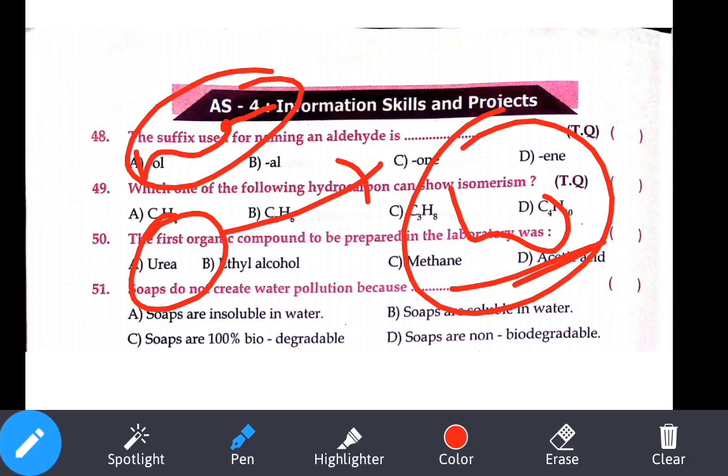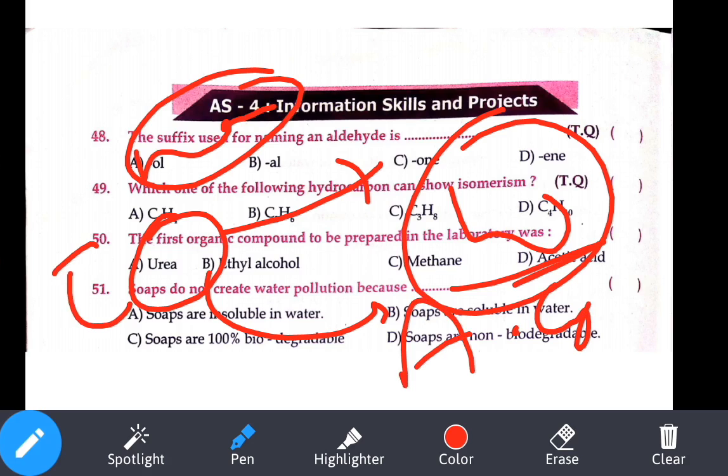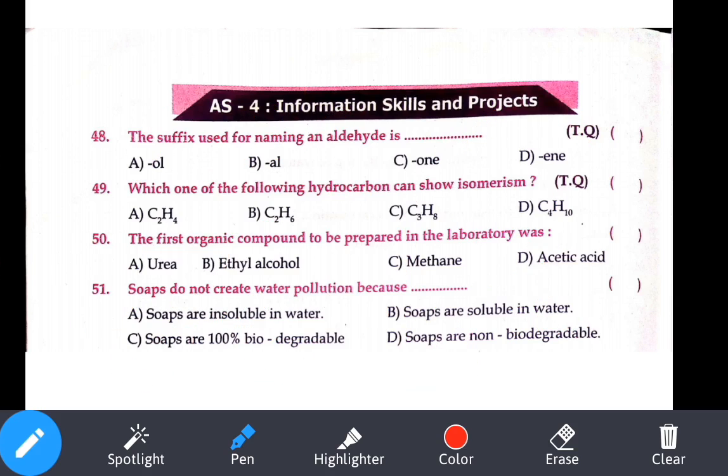Now urea is obtained from which chemical compound? Ammonium cyanide. Can anyone tell me the chemical formula for urea? Comment that too. I will give a clue: it starts with NH4, and you tell me the remaining portion.